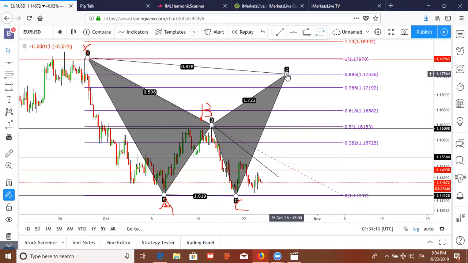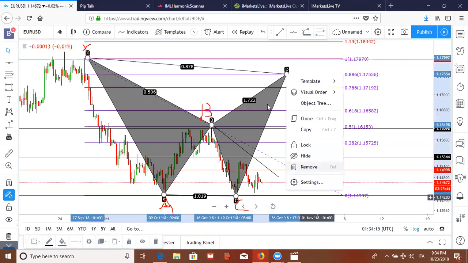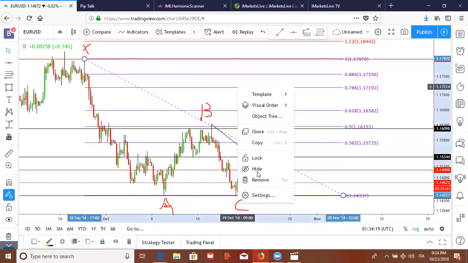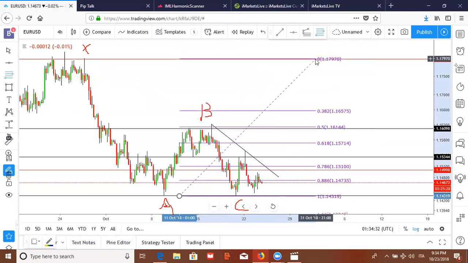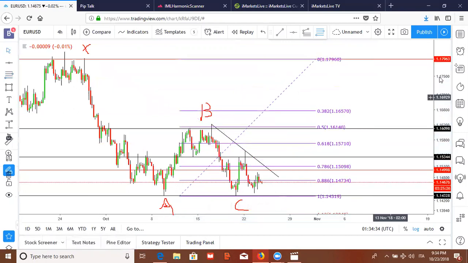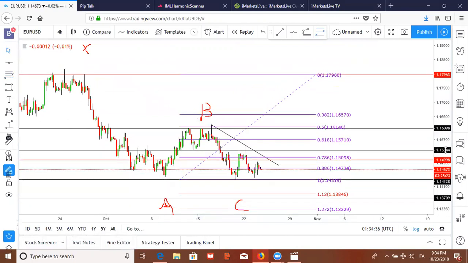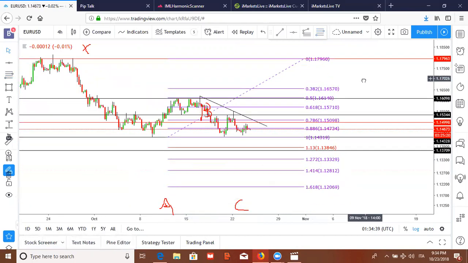Or if I take my fib, let me go ahead and delete that. If I take my fib from my A leg all the way back up to my X leg, price could continue to push down through this extension zone down here for the Cypher and give me a minimum touch of that 1272, which I would need for that Cypher pattern to complete.